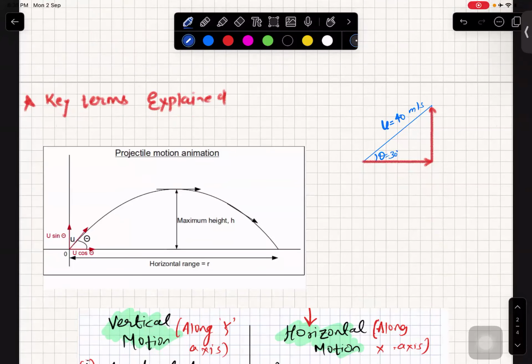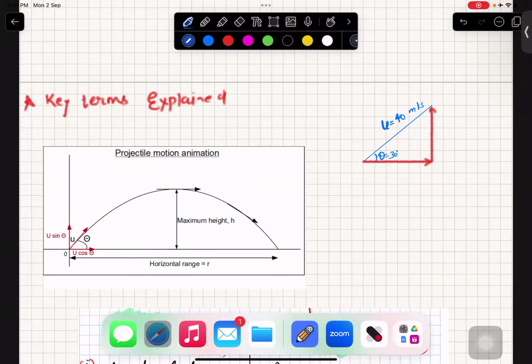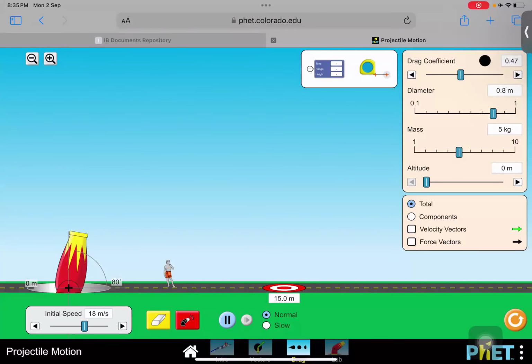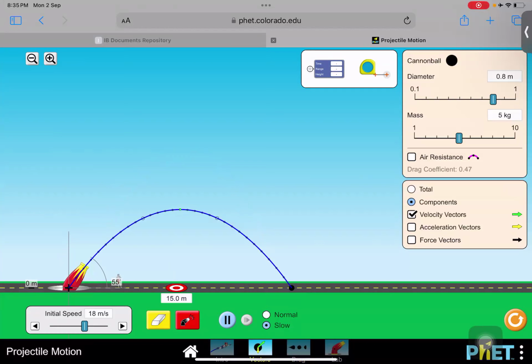In order to explain projectile motion, let's look at this simulation. If I throw a projectile making an angle, it follows this trajectory. Here, the vertical velocity is reducing while the horizontal velocity remains constant.